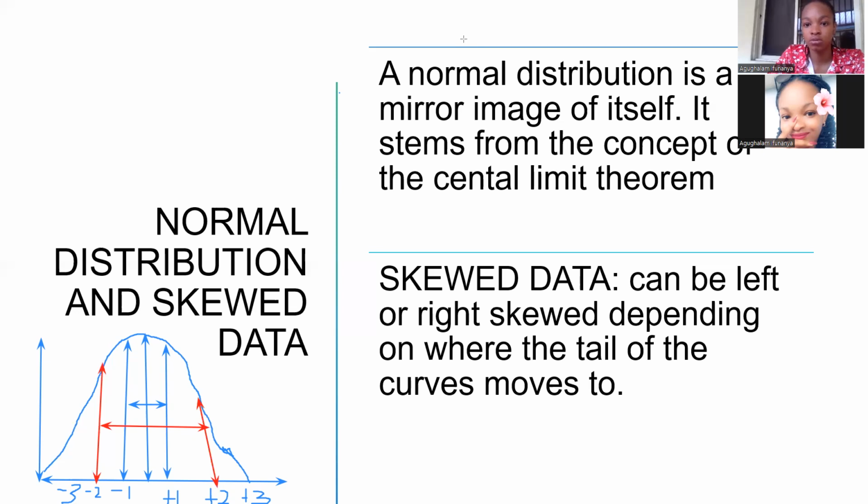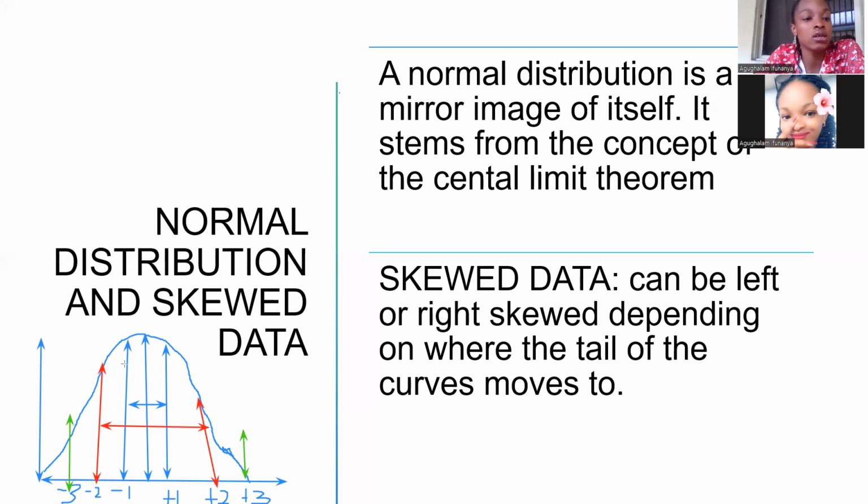Let's use green. And from -3 to +3, 99.7% of the observations fall within 3 standard deviations away from the mean, which could be above or below.